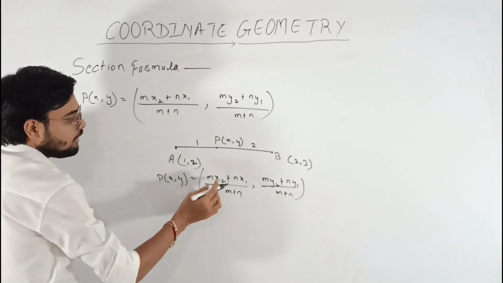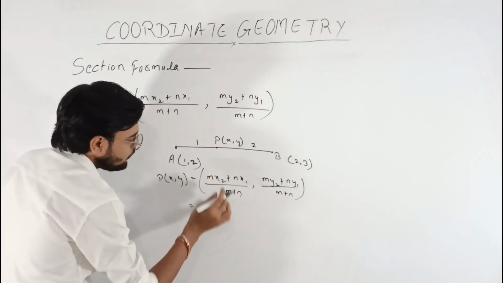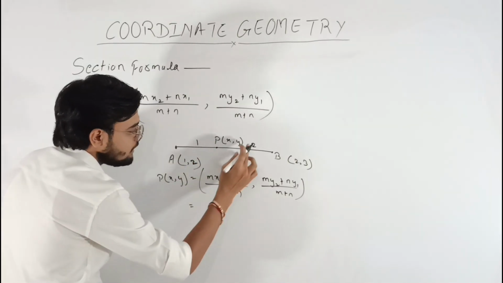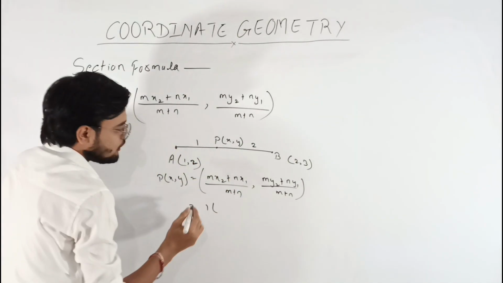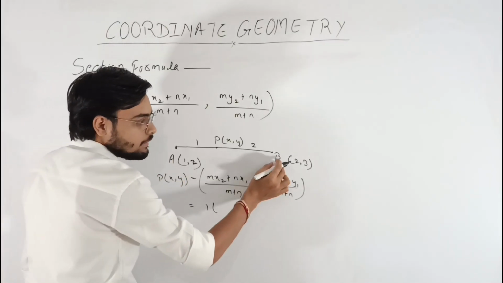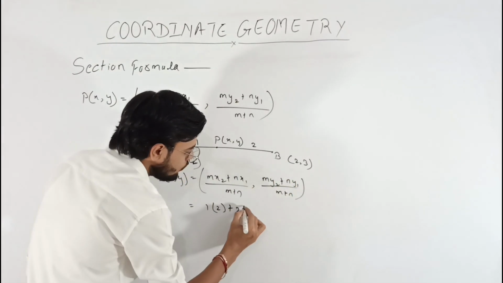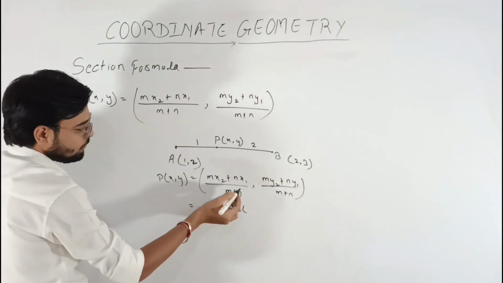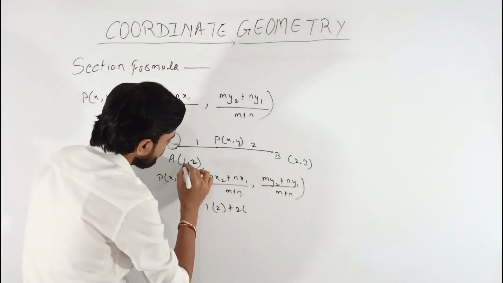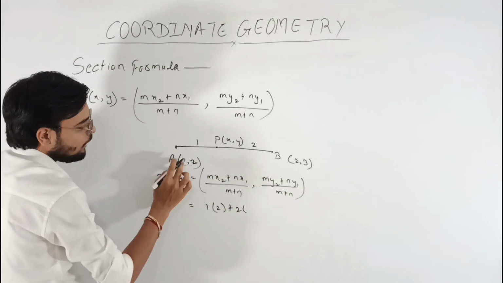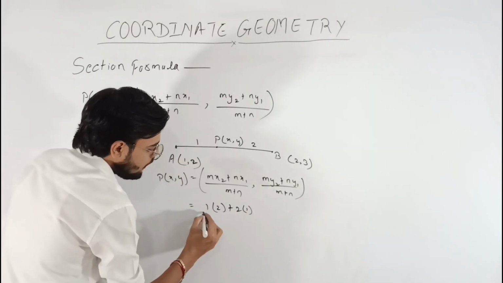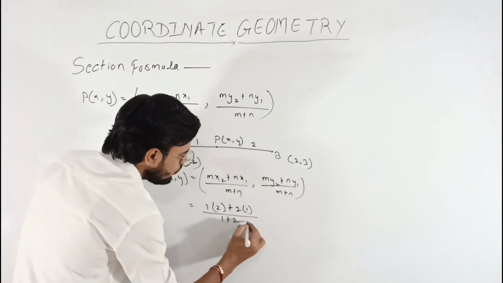Now look, m is what? 1 here, the ratio is 1 to 2, so m is 1 and n is 2. Now x2, this is my first point and this is my second point, so x2 is what? Here 2, plus n is 2 here, the ratio is 2. Now x1 is here, A is the first point, so x1 is 1, upon m plus n, which means 1 plus 2.